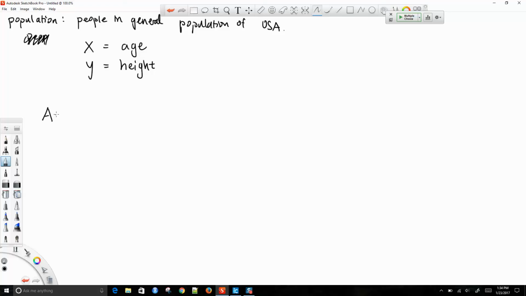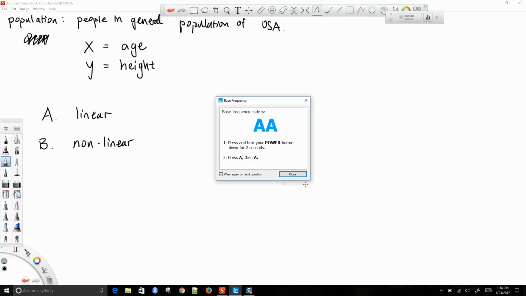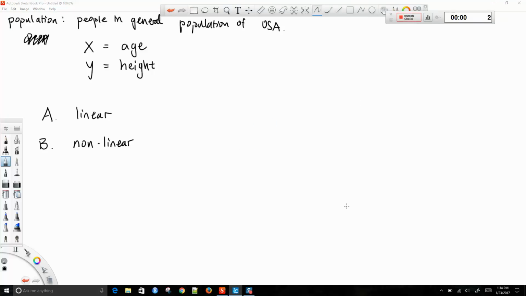Do you think the relationship is linear or nonlinear? Okay, so turn it on. When you turn it on, it should say like stats 10 or something.